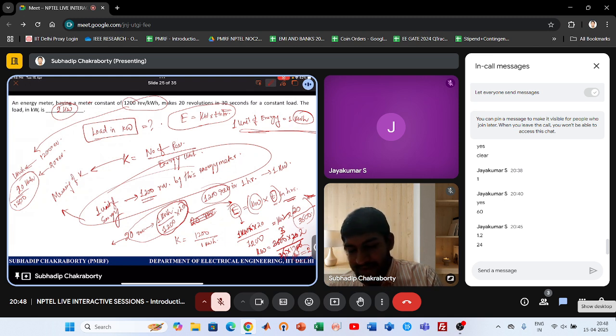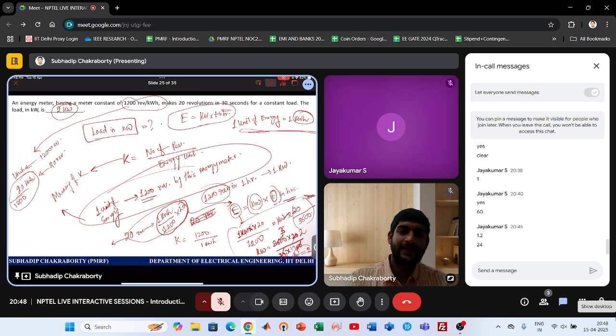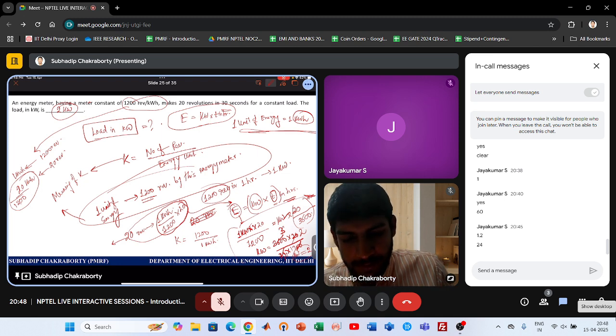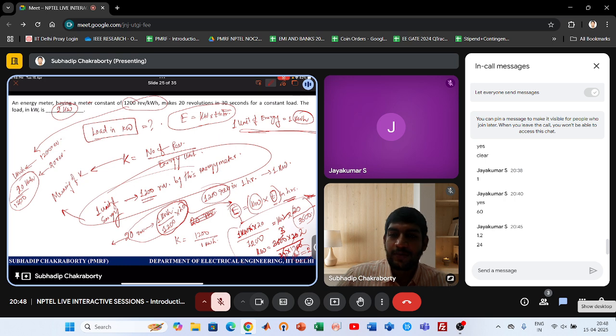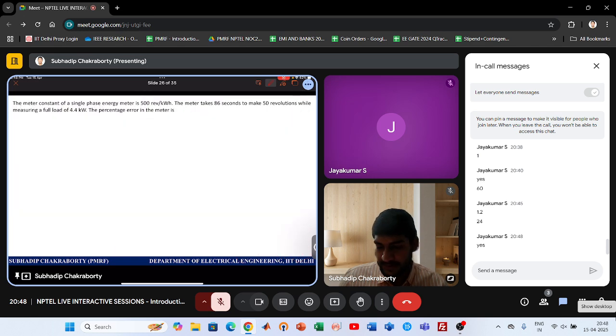So accordingly you can plug it in and then balance to get the equation and find the wattage, right? Load in kilowatt. No problem, right? I don't think it has any problem. Just see it once again, you will understand the problem.